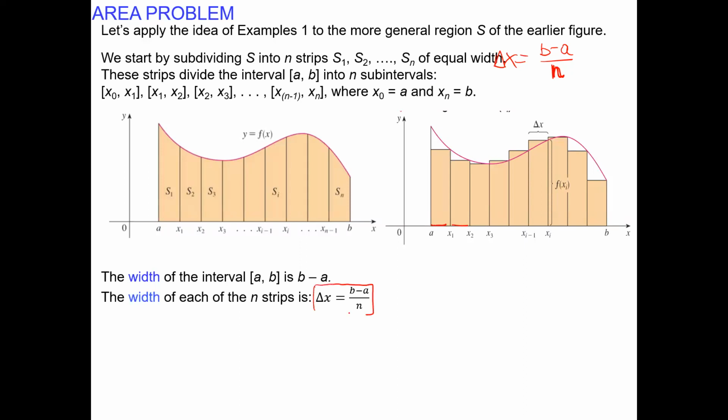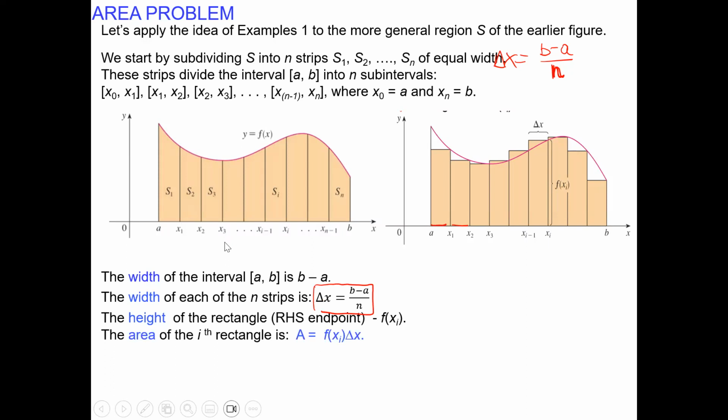Important. Okay. And then the right-hand side endpoints will give f of x sub i. We will call them x sub i: x sub 1, x sub 2, x sub 3, and so on. And then the area of this rectangle, let's say this one, each of them, is of course base times height.